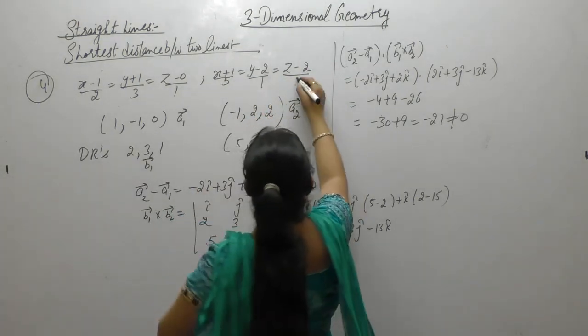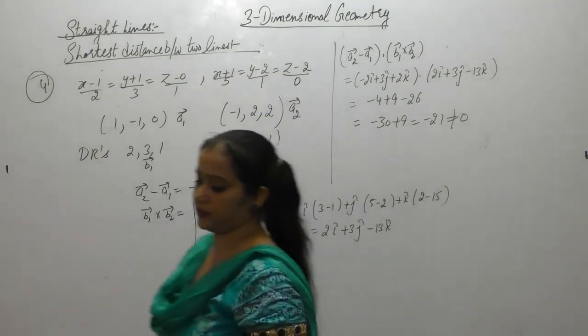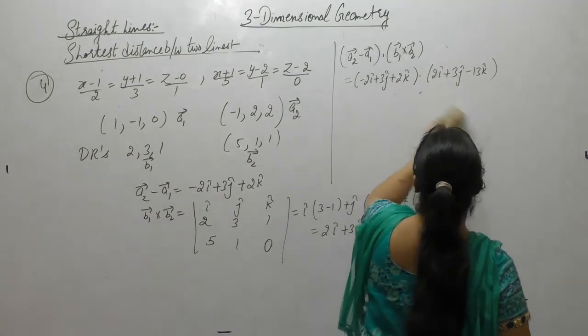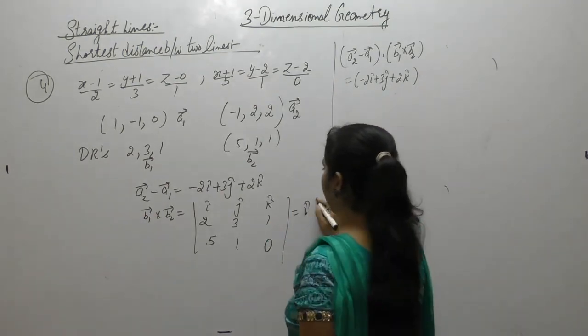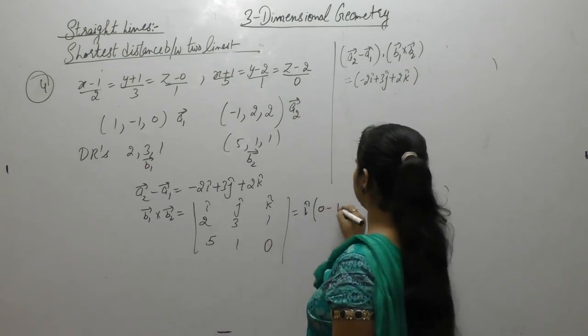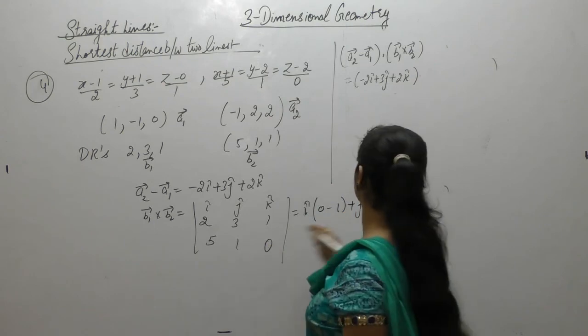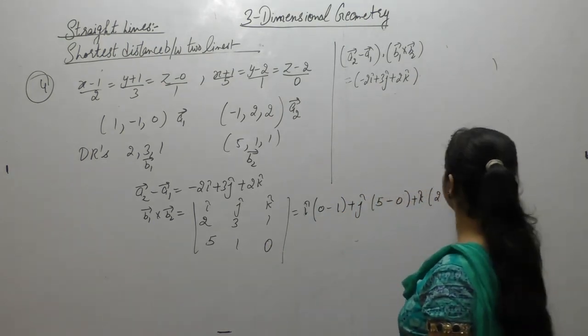Here we have 0. So the coordinates will change here. z equal to 2 was the equation. So we get i into 0 minus 1, j into 1 into 5, 2 into 0, k into 2 into 1 minus 15.